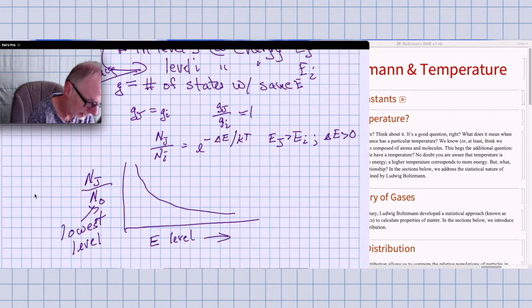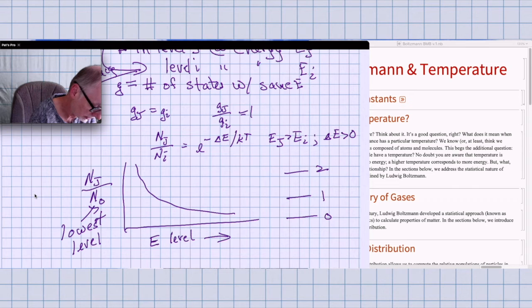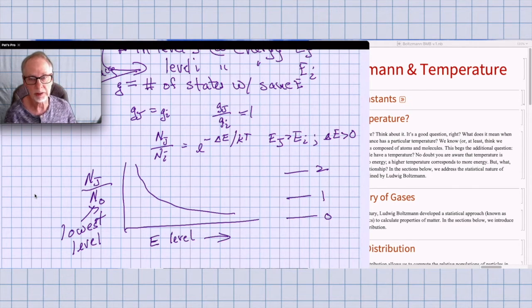So when we talk about energy levels, we might be talking about something like this. Here's energy level 0, and here's energy level 1, and energy level 2, etc. All right. So as we go up in energy levels, from 0 to 1 to 2, in this situation, the population of molecules decreases as we do that.